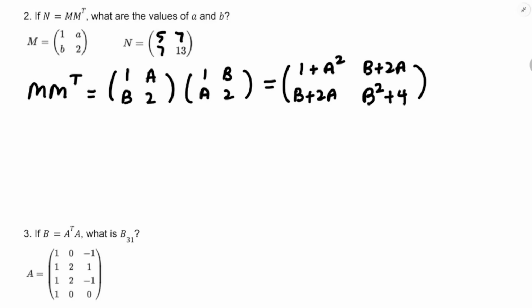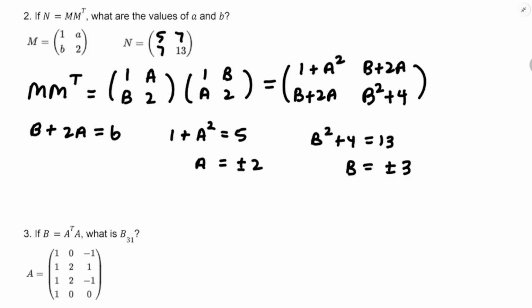All right, that means the 1 plus a squared needs to equal the 5, the b squared plus 4 needs to equal the 13, and the b plus 2a's need to equal 7. So we're going to have all that here.